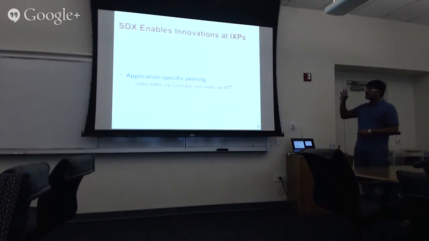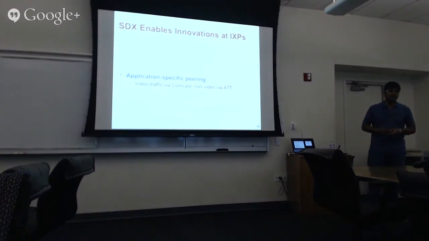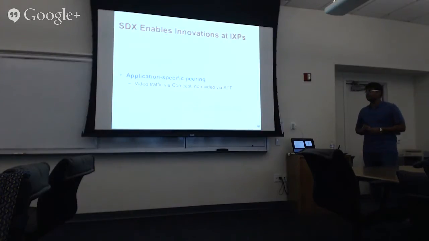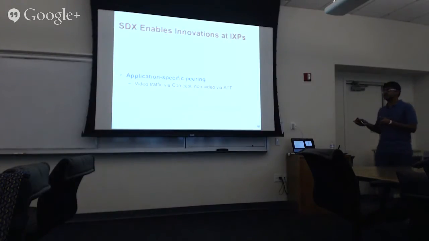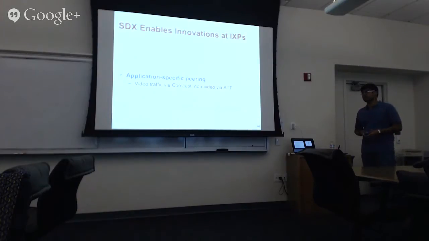I'll talk a bit more about the testbed here, because it's important to understand whether the applications that we were talking about actually work. I'll focus on the application-specific peering application, in which you want to have a peering relationship based on the nature of traffic.